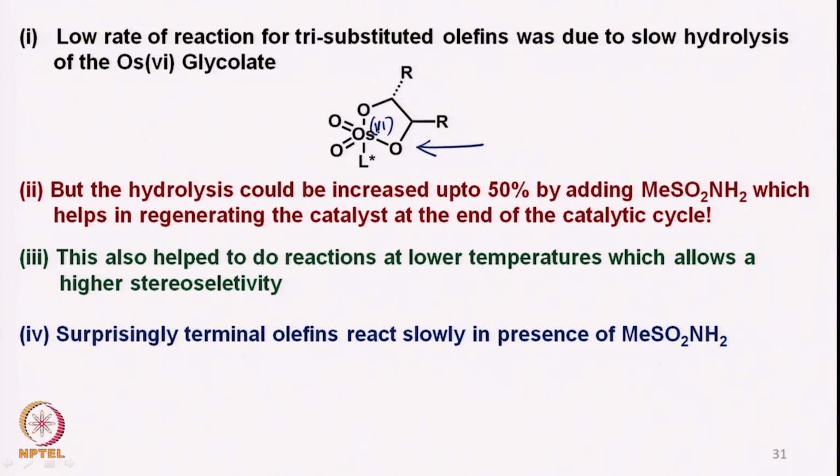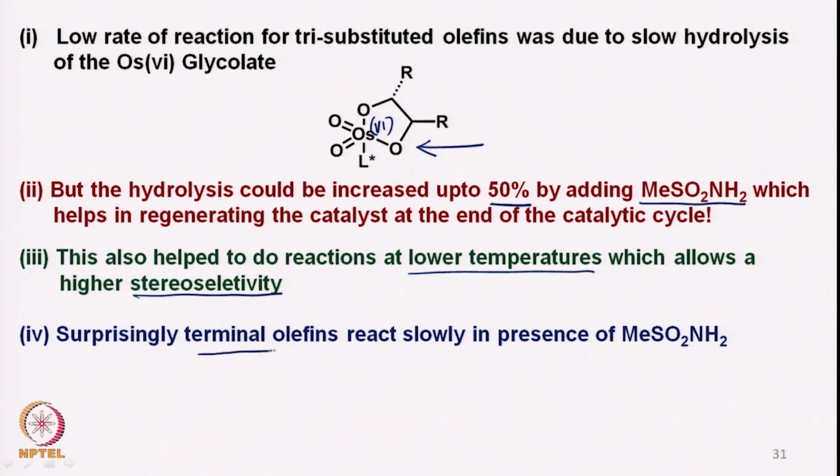But the hydrolysis was found to be increased by about 50% if methyl sulfonamide is used, and this allows the hydrolysis to be fast, and therefore the enantiomeric purity is also affected by this, and it also allowed reactions at low temperature, and therefore high stereoselectivity is observed.